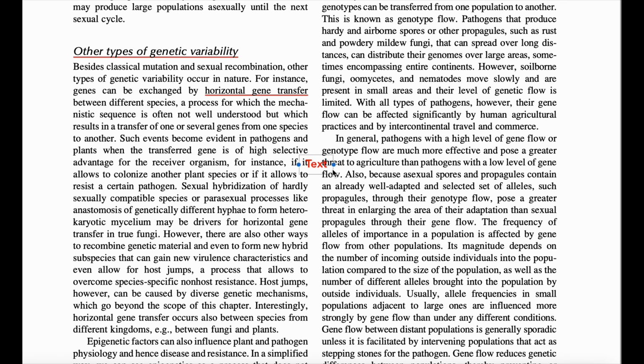Anywhere you will see this written, HGT. This is horizontal gene transfer between species, a process for which the mechanistic sequence is often not well understood, but which results in a transfer of one or several genes from one species to another. Such events become evident in pathogens and plants when the transferred gene is of high selective advantage to the receiver organism.